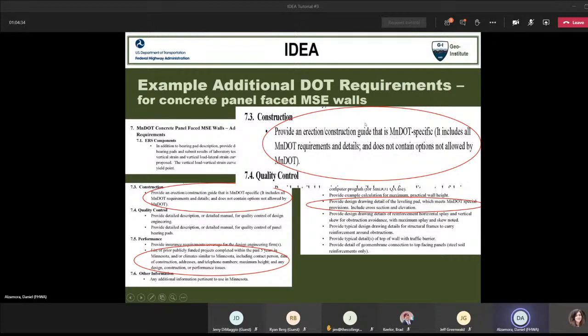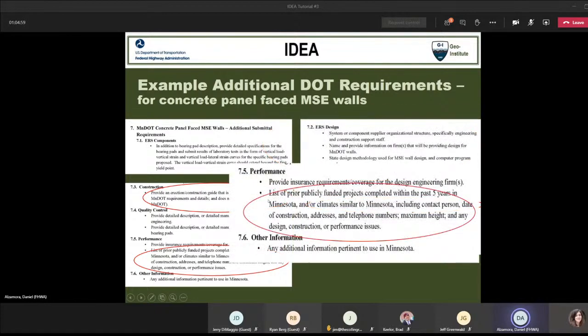This would not be in the IDEA evaluation, of course, because it's very specific to Minnesota DOT, but would be listed as additional information that Minnesota DOT requires for their approval of systems in their state.